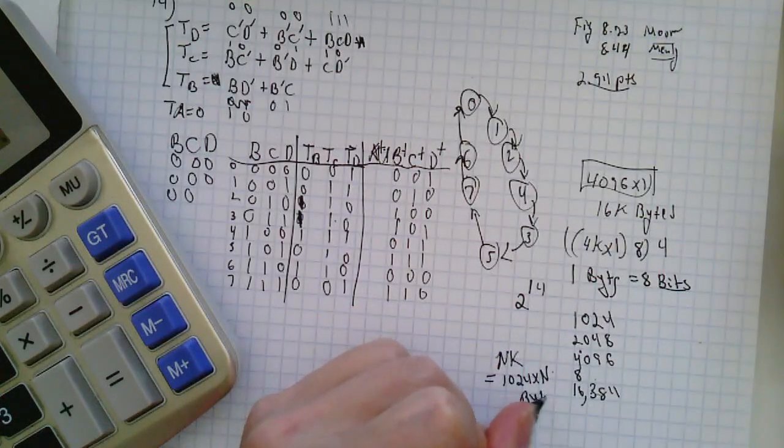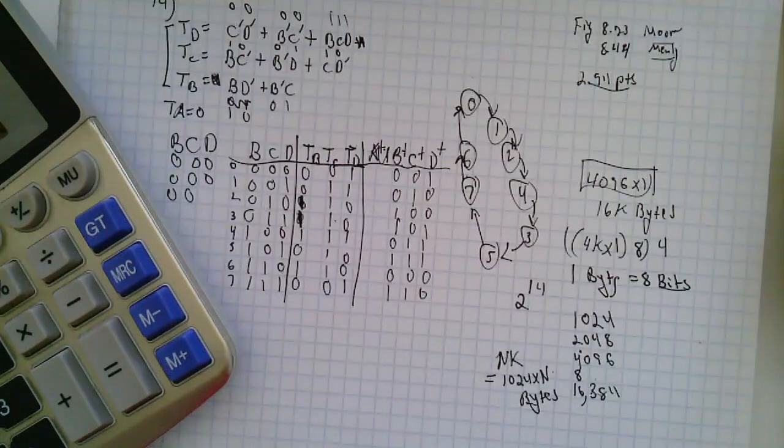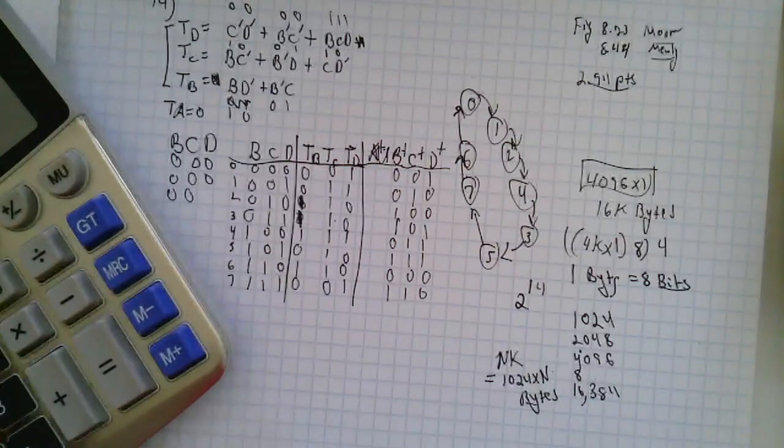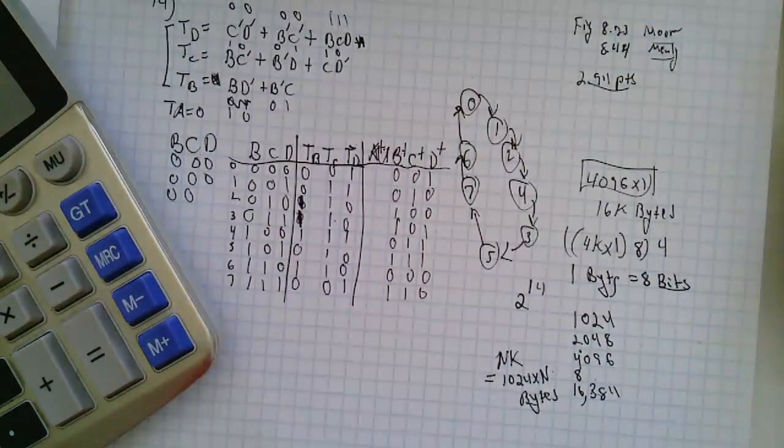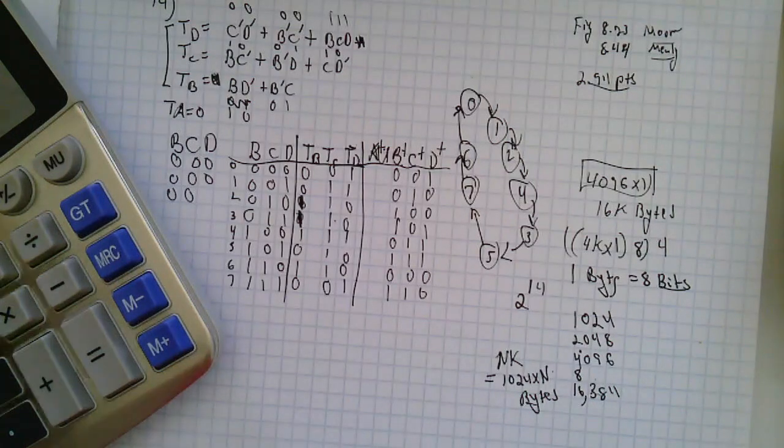So if you had 48K, it would be 48 times 1024, which comes to 49,152. So 48K is really not 48,000 bytes, it's really 48 times 1024, which is 2 to the 10.